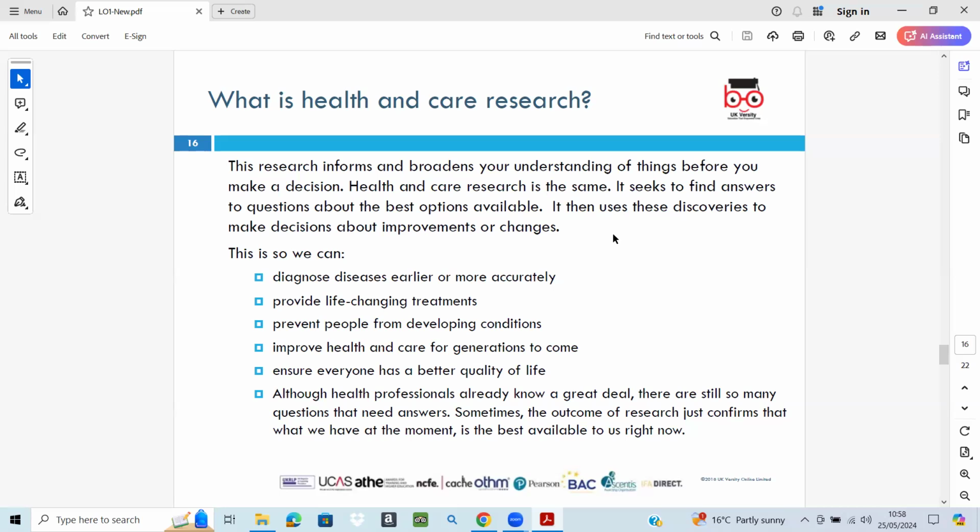It plays a pivotal role in guiding decision-making processes, driving improvements, and fostering advancement in the field of health and social care. So we have, diagnose disease earlier or more accurately, provide life-changing treatments.